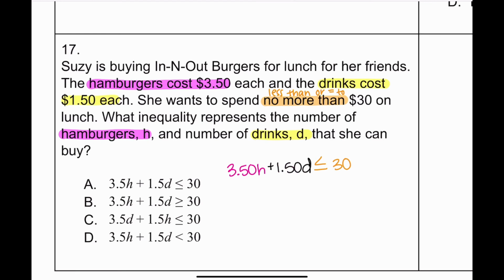That total, meaning that we're adding them together, has to be less than or equal to $30. So the only inequality with less than or equal to and the correct location of $3.50 per hamburger and $1.50 per drink is option A. Notice that option C is close, but it has the incorrect location of the variables.